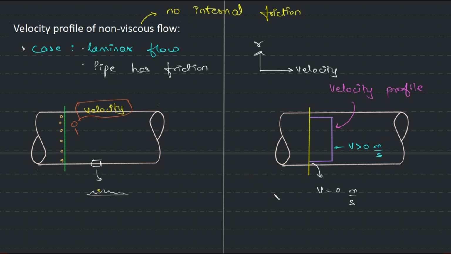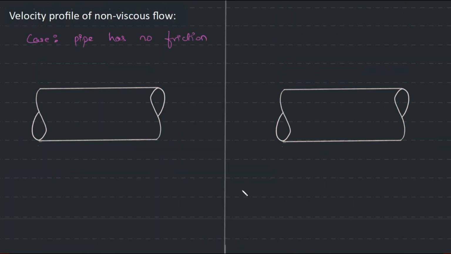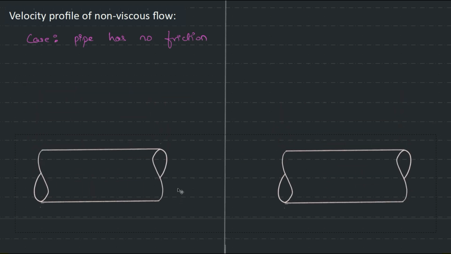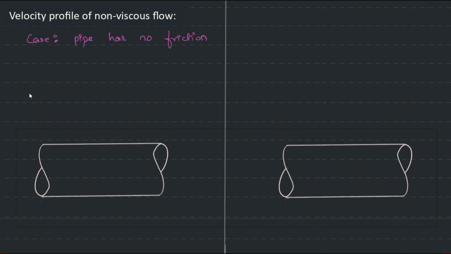So this is a scenario, a weird scenario, of course, hypothetical. Here I'm taking a case wherein the pipe has no internal friction, and this is non-viscous also. So what happens? If I happen to talk to the particles over here and plot, it would be a line like this.